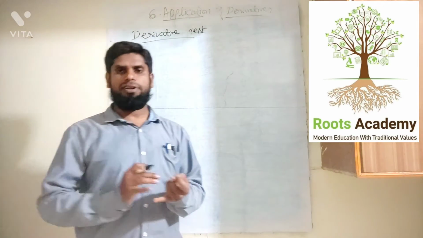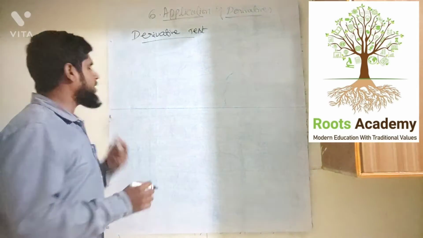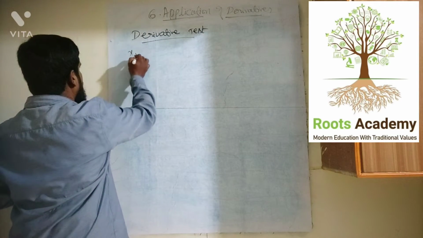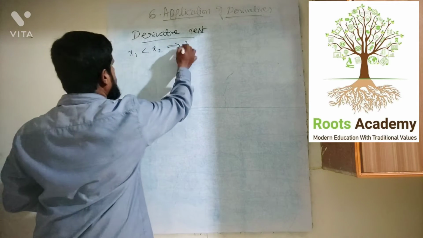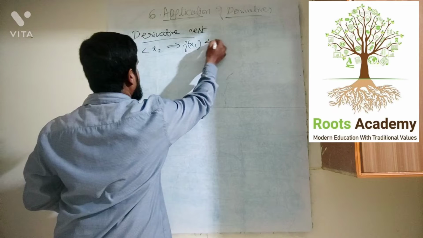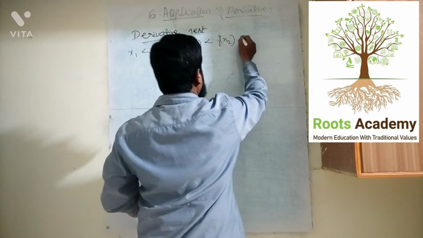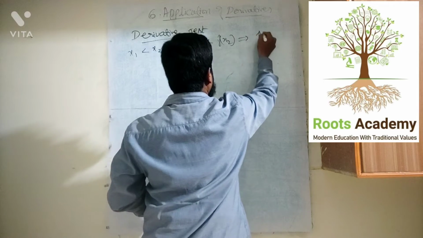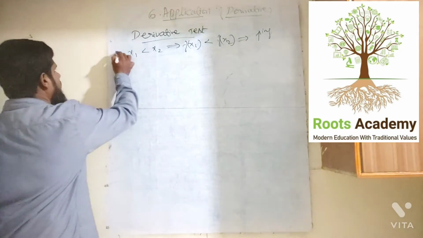Students, let me quickly revise. In an increasing function, if x1 is less than x2, which implies f of x1 is less than f of x2, we call this an increasing function. This is the first one.